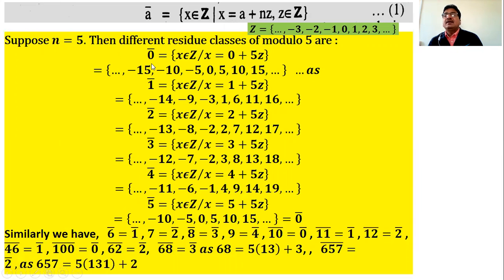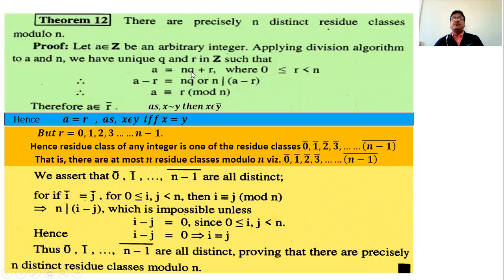If you find the residue class of 100 modulo 5, then it is 0 bar. If you find the residue class of, suppose, 46, then it is 1 bar. That is, the residue class of any element of Z is one of these 5 residue classes. So we have to write the same proof here.